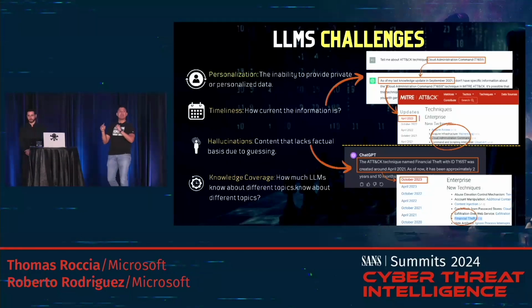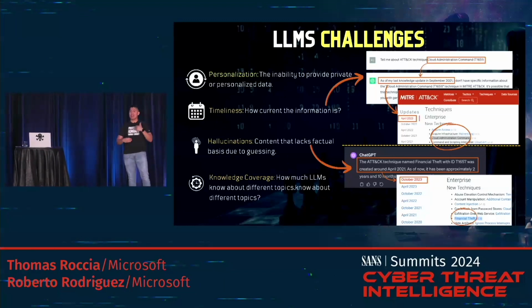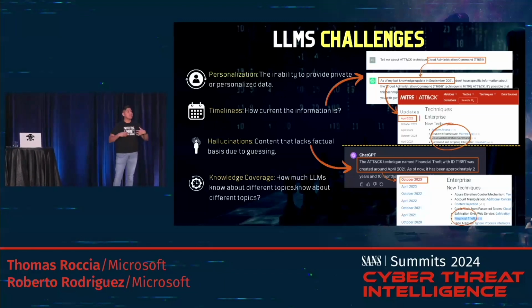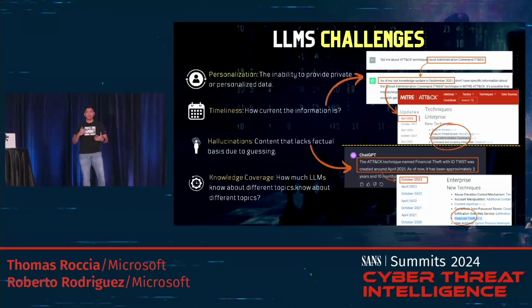So it is not as simple as exposing somebody to an LLM and saying, whatever the LLM says, you should trust it. You should also have people that understand the topics you're asking about so that you can validate those responses.